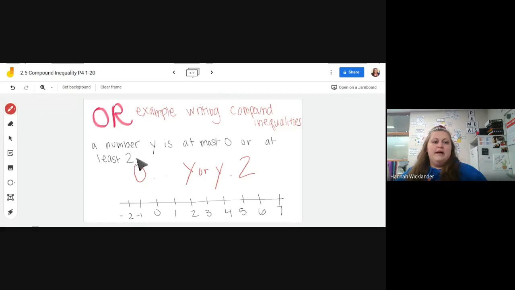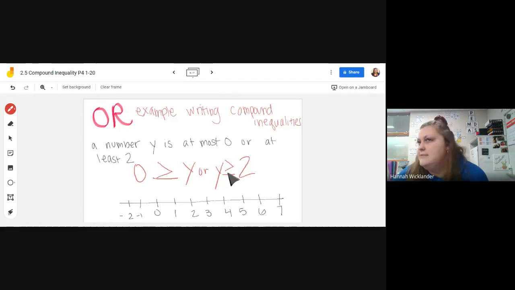So I know they're going to be underlined because it's at most or at least. So at most, it's 0. That means that 0 is going to be bigger because most is bigger. So open towards 0. Most means bigger. Least means smaller. So then I'm going to have the mouth towards the y because it's saying that it's smaller than 2.